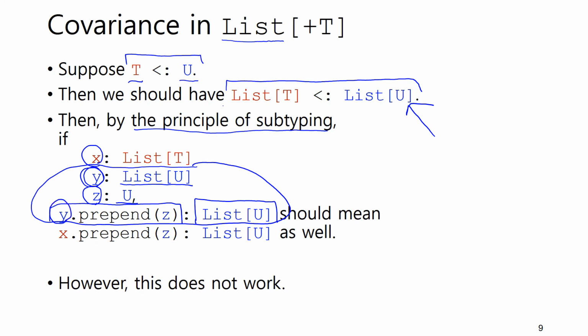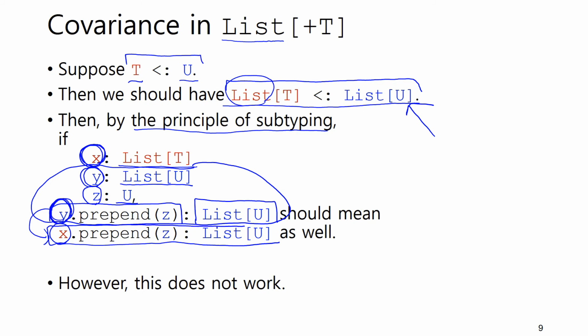So with this subtyping relation, we should be able to replace this Y with a new expression of type list T. So let's replace this one with X without changing anything else. So if list was indeed covariant, we would have this typing relation as well. But currently, this doesn't work.